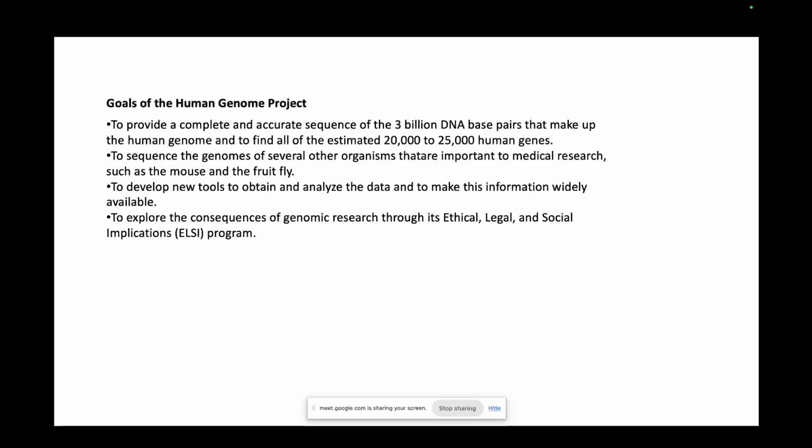The target was to do all that, and also to sequence genomes of other important model organisms like the mouse, fruit fly, rats, etc., the model organisms that we generally conduct experiments on.